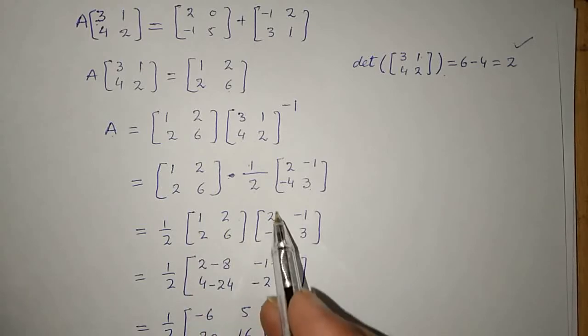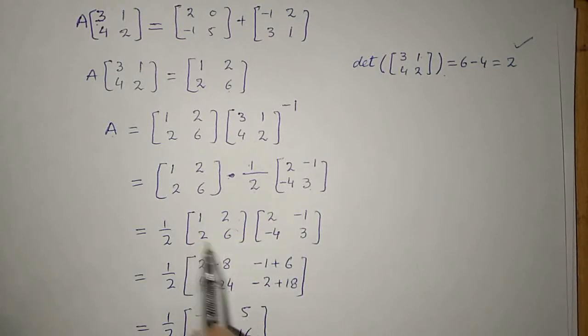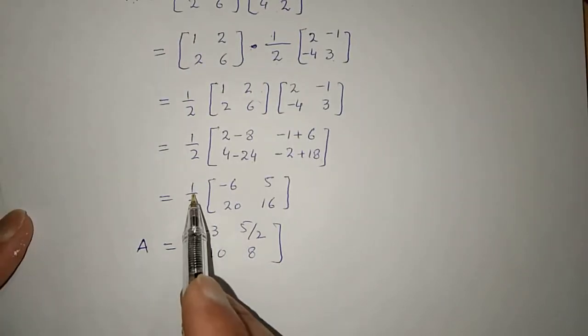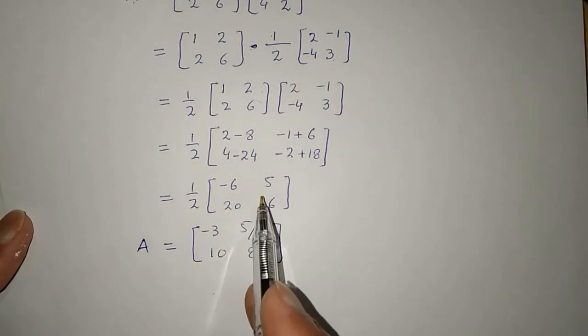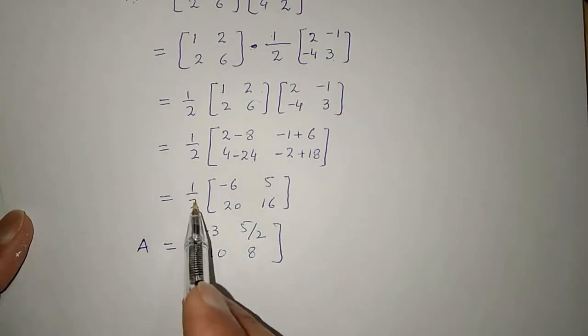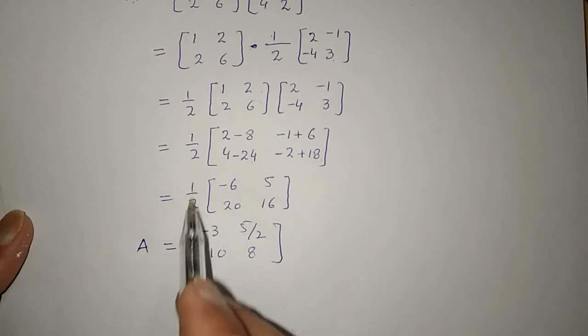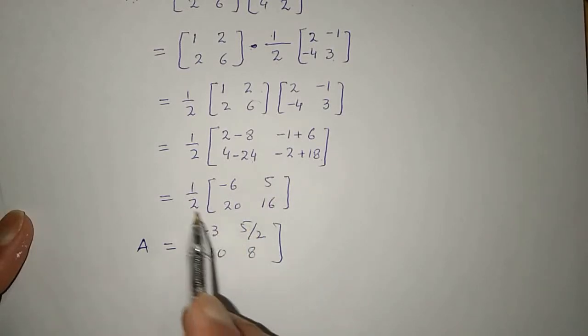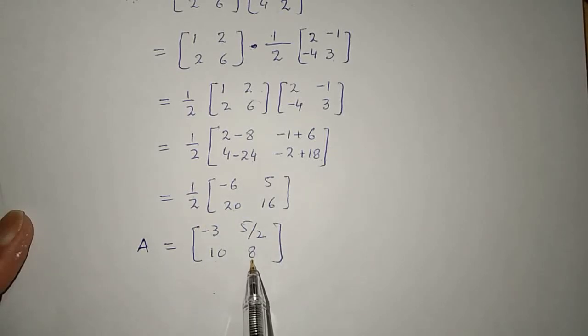Second row is multiplied with the first column, and second row with the second column, and we are getting 1 over 2 times the matrix minus 6, 5, 20, 16. 1 over 2 is multiplied with each entry, so we are getting minus 6 by 2 is minus 3, 5 by 2, 20 by 2 is 10, 16 by 2 is 8.